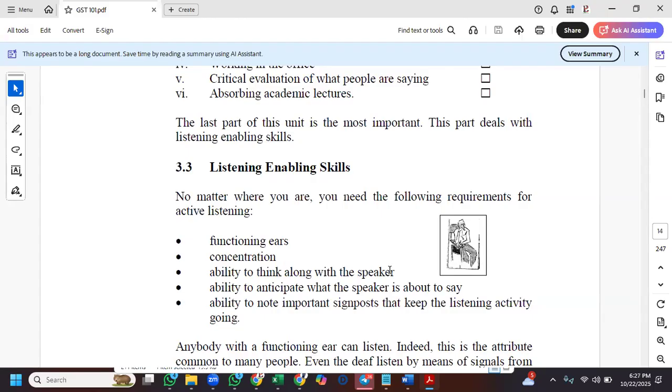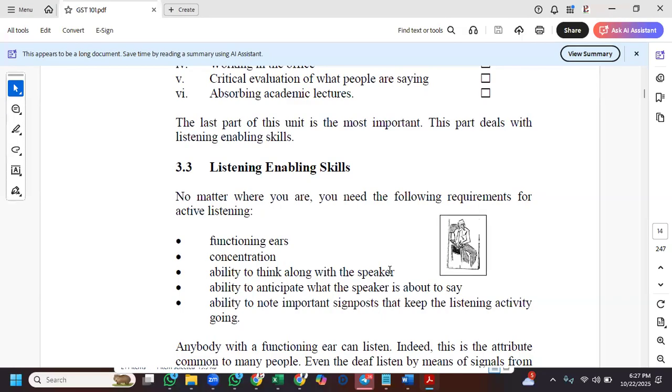Now, ability to anticipate what the speaker is about to say is closely related to what we have just said. But I think the difference between thinking along with the speaker and ability to anticipate is this.